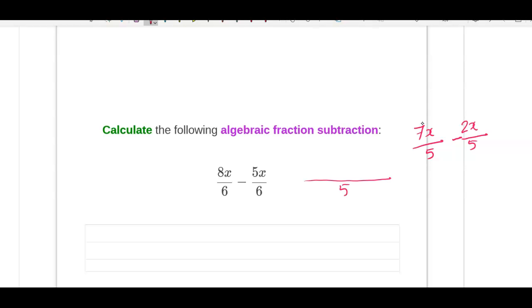So 5 will be the common denominator, and nothing changes. You simply go 7x minus 2x, and they are like terms, so that'll give you 5x over 5. If you leave it like that, well, the marks can be deducted, because at the end of the day you have to cancel out 5 and 5, that gives you x.